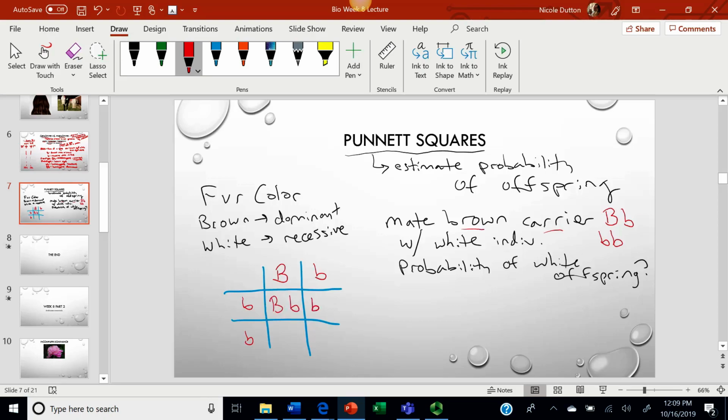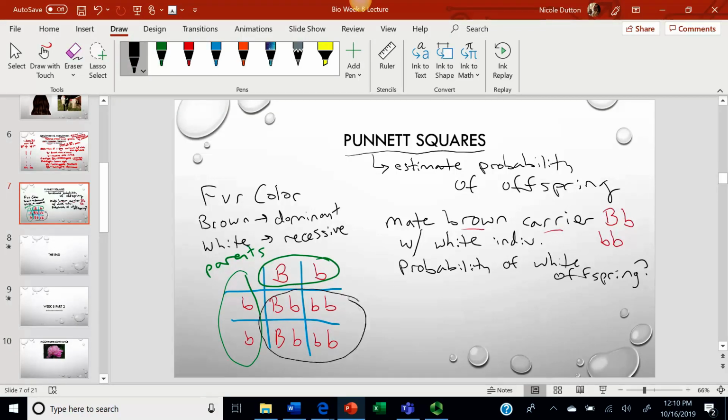The little b down and the little b over. Big B down and little b over, and little b, little b. On the outside here, we have parents. And on the inside, we have the probability of the offspring.